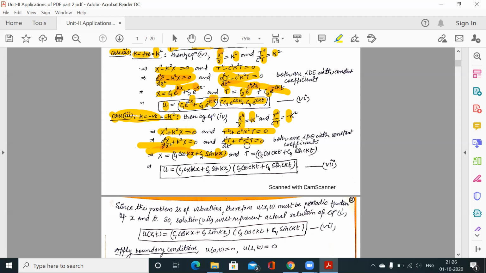So e to the power 0t because the real part is 0, times c3 cos beta t plus c4 sin beta t, and beta is ck here, the imaginary part. So c3 cos ckt plus c4 sin ckt. This is kx, this is t. So our final solution is u is equal to x into t. So this is the solution in the third case.